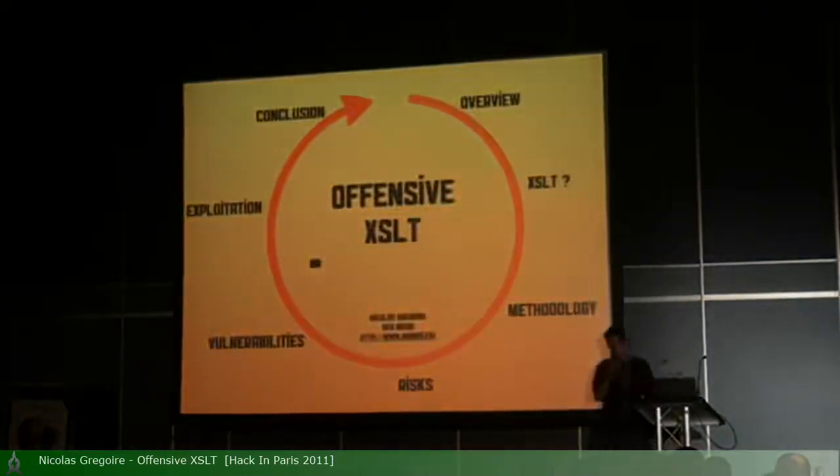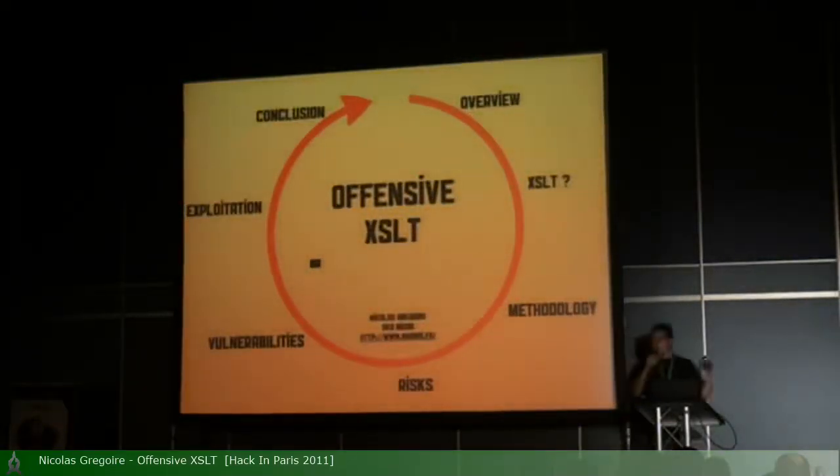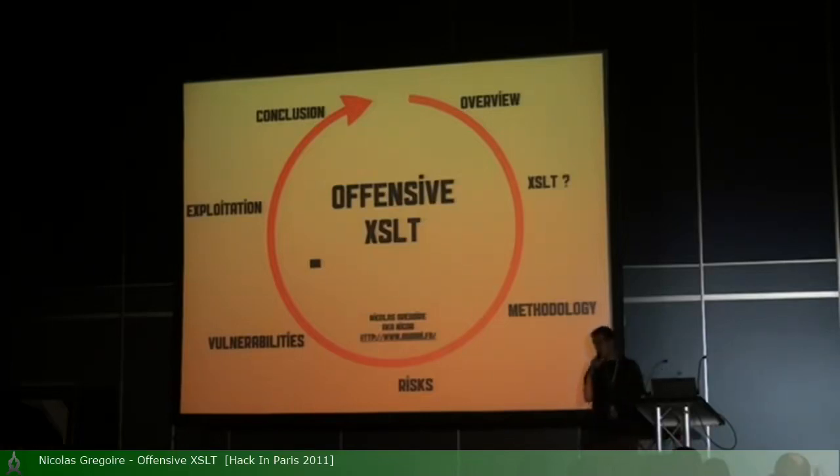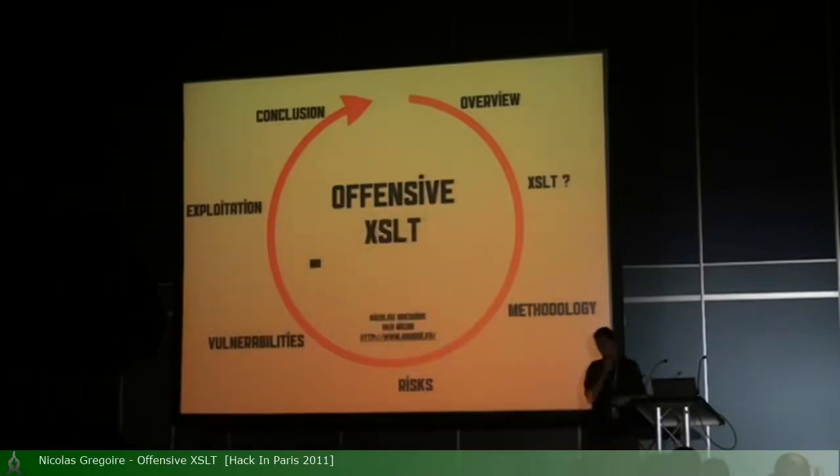So the plan. I will first give an overview of the research. What is it? What is the goal? What problem do we try to resolve? Then I will describe XSLT. What is XSLT? In which case do we use it?